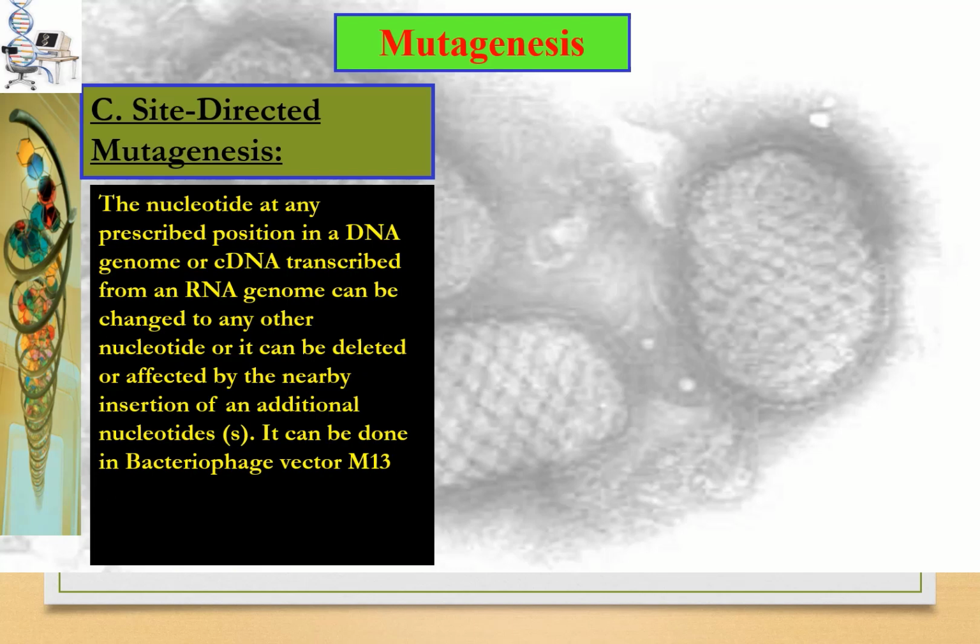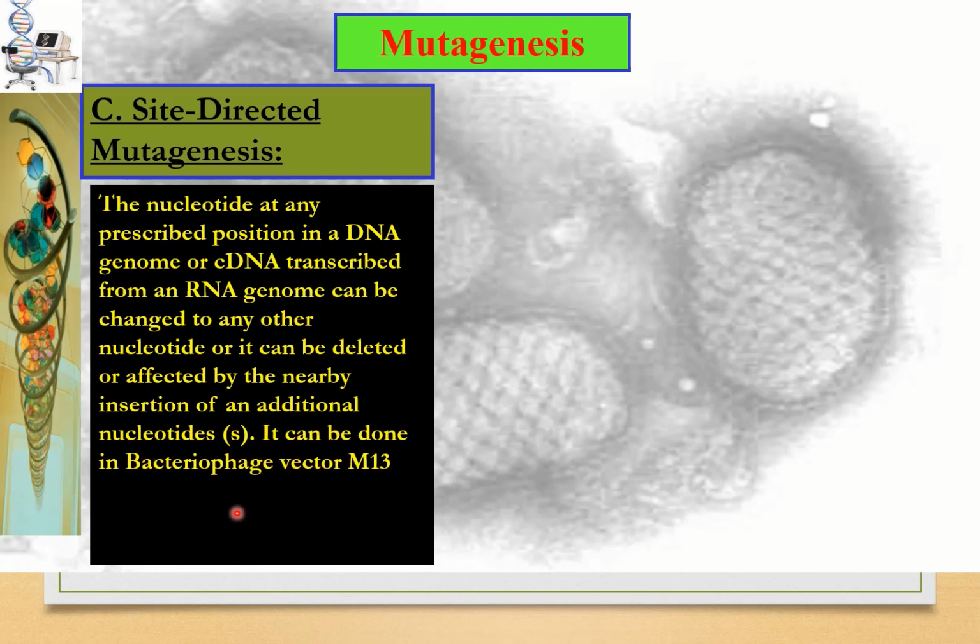Site-directed mutagenesis. The nucleotide at any prescribed position in a DNA genome, or complementary DNA transcribed from an RNA genome, can be changed to any other nucleotide, or it can be deleted or affected by the insertion of an additional nucleotide.